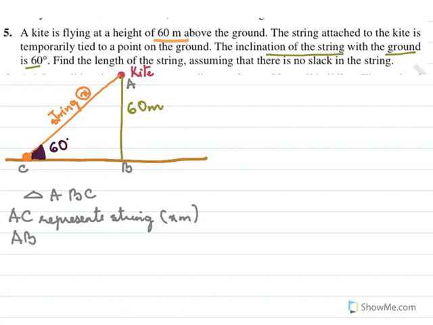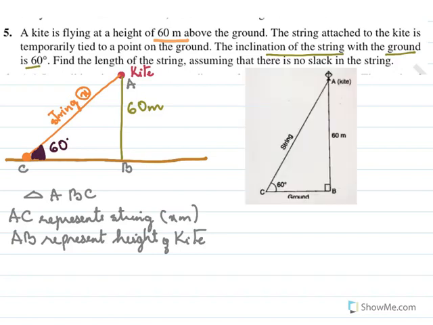Then AB represents the height of the kite, how high it is from the ground, which is given here as 60 meters. So here's the diagram I've drawn. Now this is 60 degrees. Let me mark the perpendicular, base and hypotenuse right in the beginning. For 60: perpendicular, hypotenuse, base.